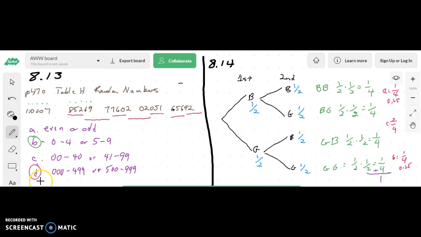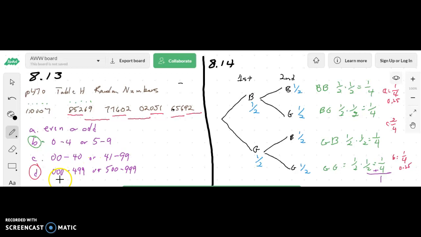But I want to point out in question D, they propose 000 to 499 and 500 to 999. One question that comes up often is, how would you possibly use these random number tables here?